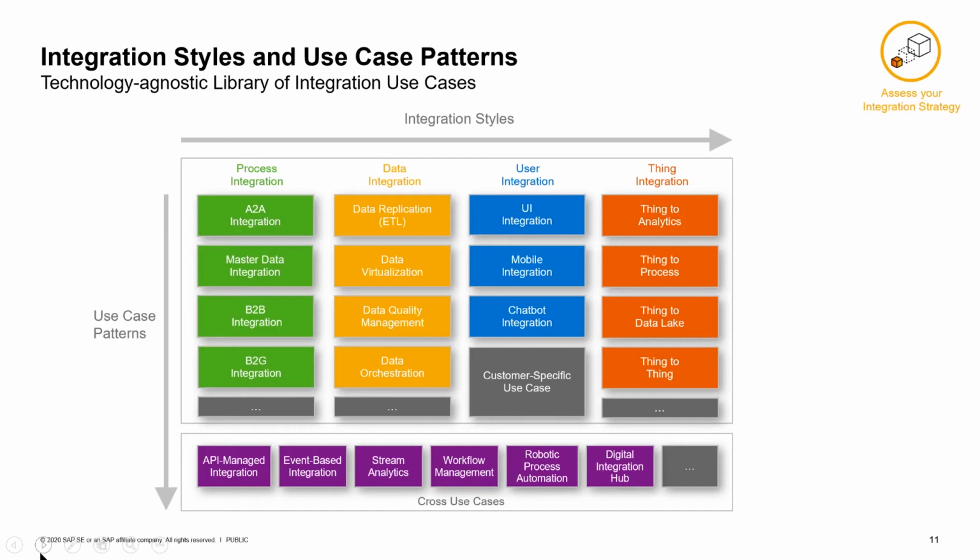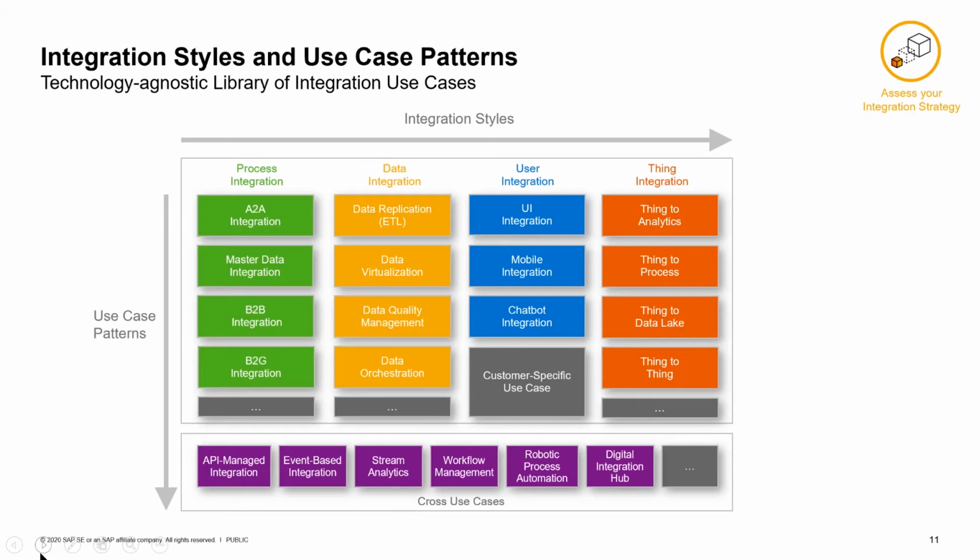Or you can use API managed integration as part of UI integration use cases, for instance, for applying API access policies and API governance to those APIs which are used by user interfaces and mobile devices.